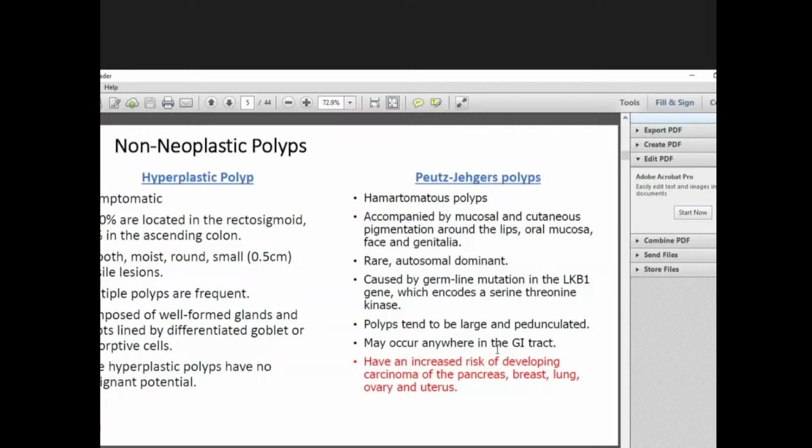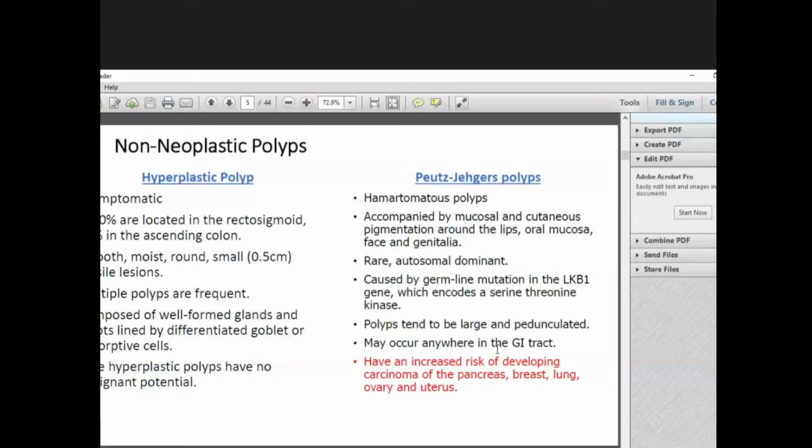They form a finger-like projection into the lumen. Most of the time they are asymptomatic. The majority of them are located in the rectosigmoid, and 20% can be seen in the ascending colon. They are smooth, moist, round, small, 0.5 centimeter, and most of the time they are sessile, not pedunculated.